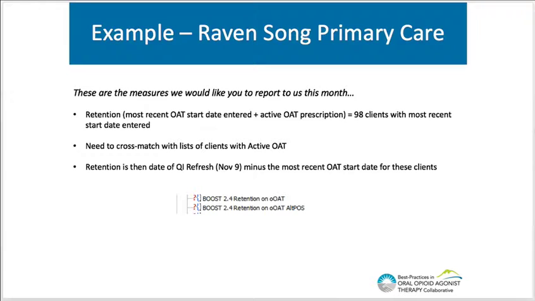So retention is the date of the QI refresh minus the most recent OAT start date. Now we know we don't have the most recent OAT start date entered for a lot of our clients, so again, we want to make sure we're entering this over the next month or two. If you're restarting somebody or if you have a new start, that'll be entered automatically.